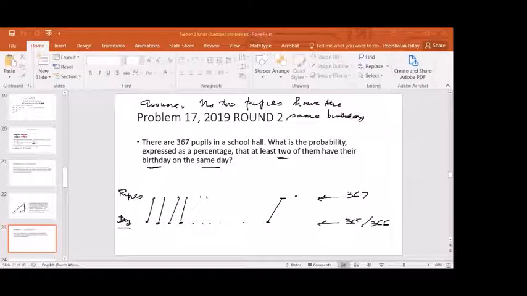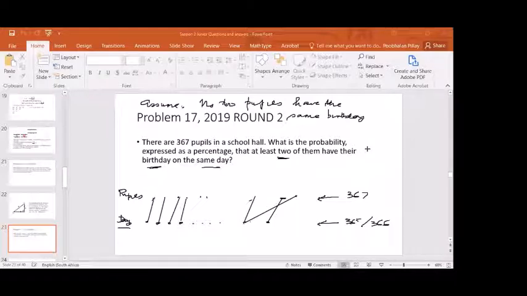So this guy is going to be a loner here, but he also has a birthday, which means he has to be linked up with one of the others. But those have already been filled. So now you see two people have the same birthday. But we assume that no two pupils have the same birthday. So this is impossible. Right.